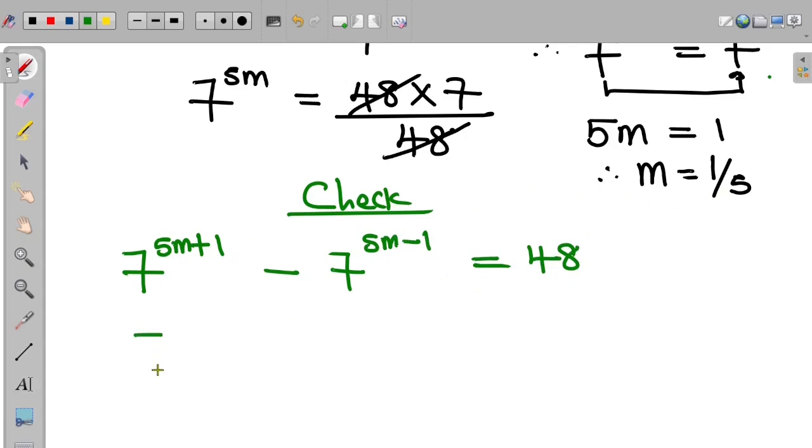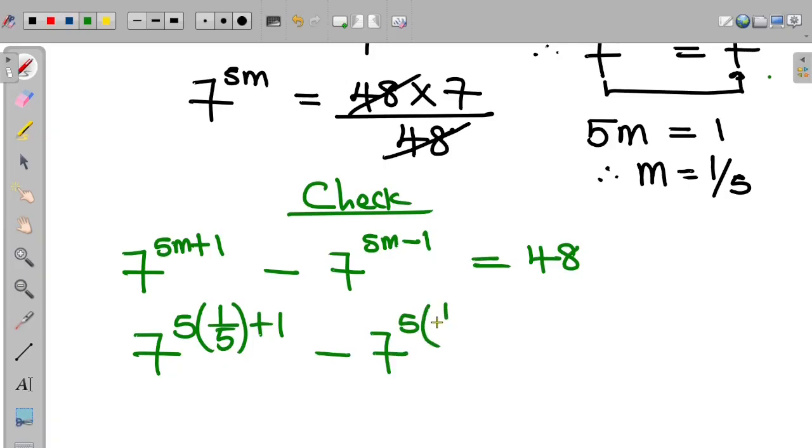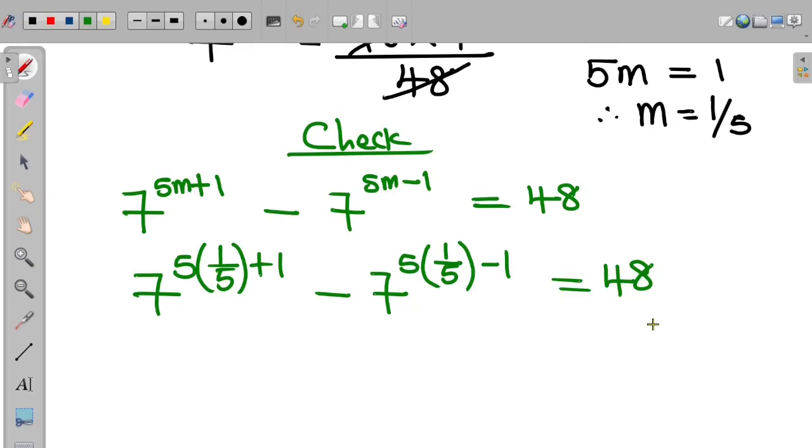So we have that 7 to the power of 5, open bracket, 1 divided by 5 plus 1, minus 7 to the power of 5, open bracket, 1 divided by 5 minus 1, and everything is equal to 48. So we want to confirm if the left hand side is equal to the right hand side.